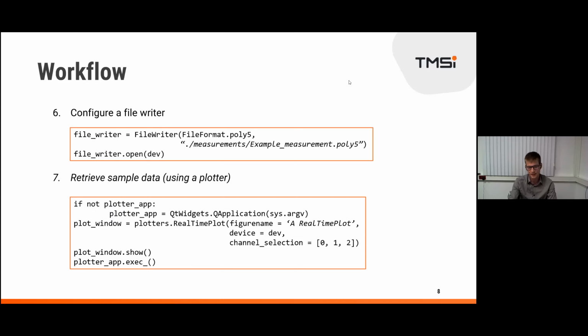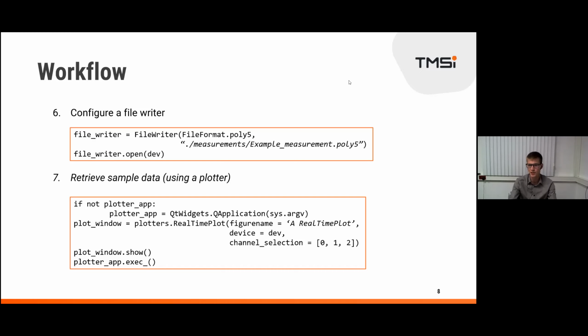The next step is to retrieve sample data, and you can do so in two ways, which is why I've also highlighted that in italics. You can either use a plotter object in which your data is going to be shown on screen. To do so, you need to configure some Qt widgets from the PySci2 library, and you need to initialize a real-time plot.